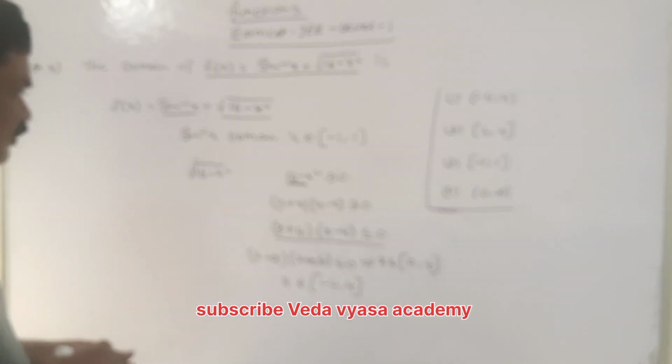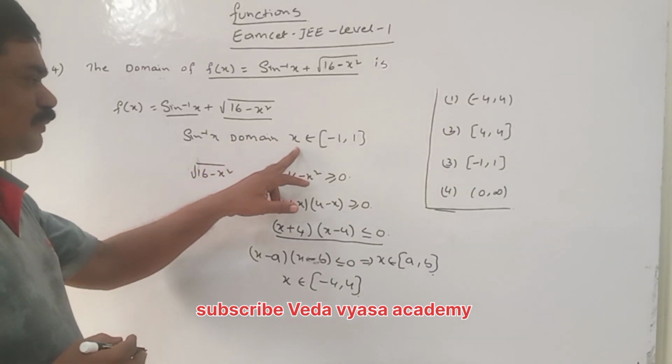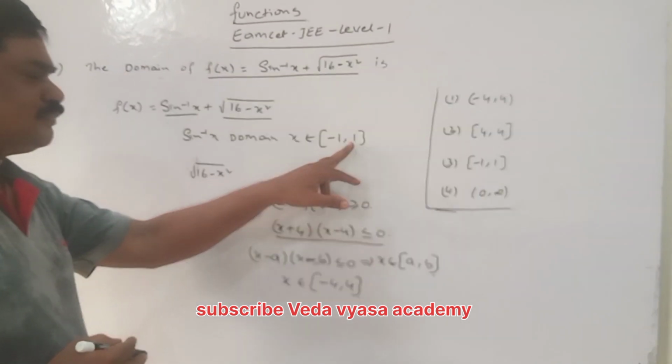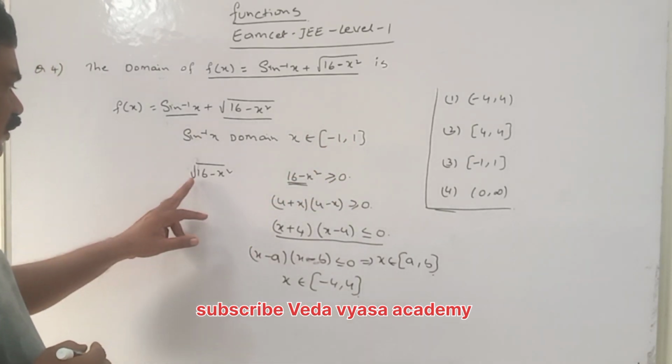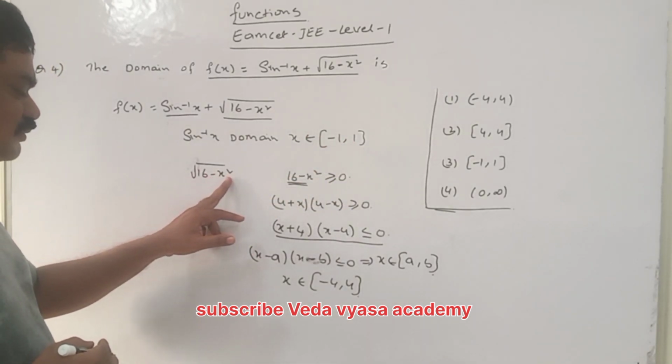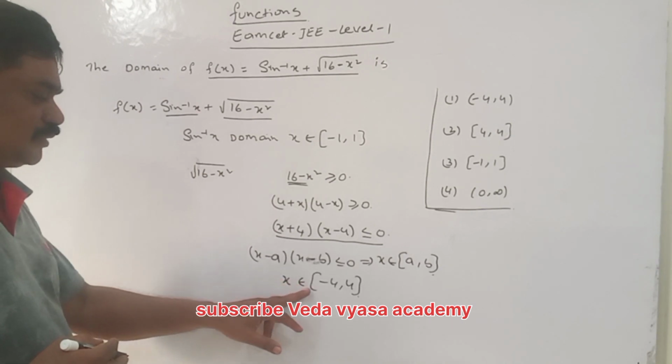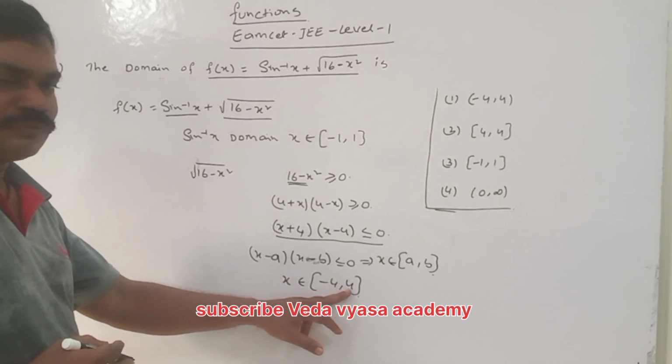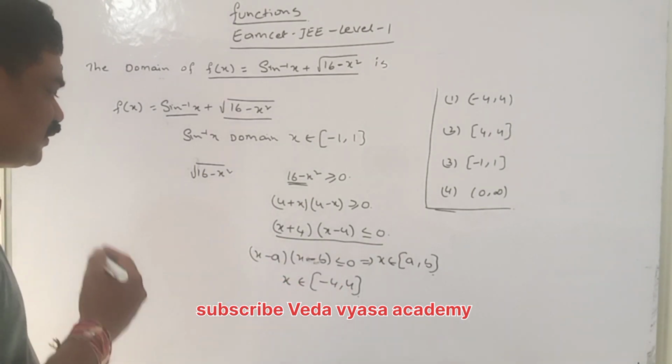Here you observe the sin inverse x domain: x belongs to the closed interval minus 1 comma 1, and the root over 16 minus x square domain: x belongs to the closed interval minus 4 comma 4, and we need their intersection.